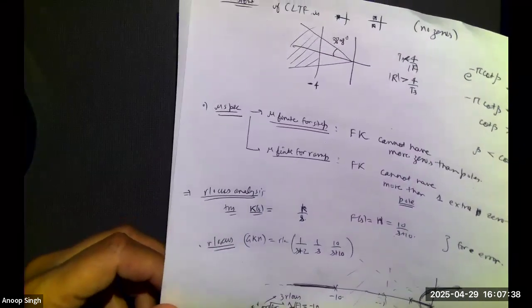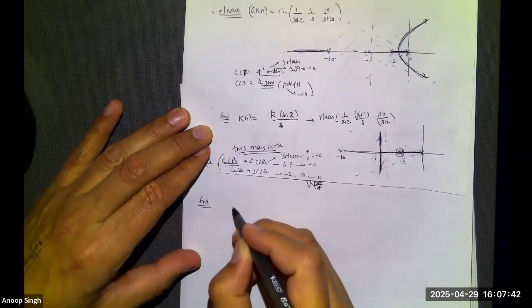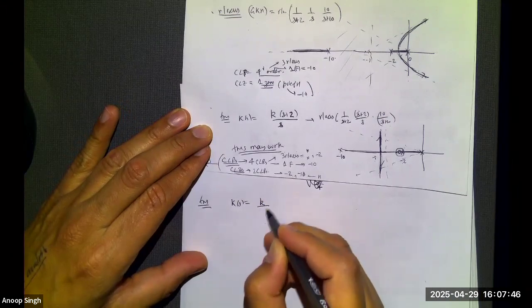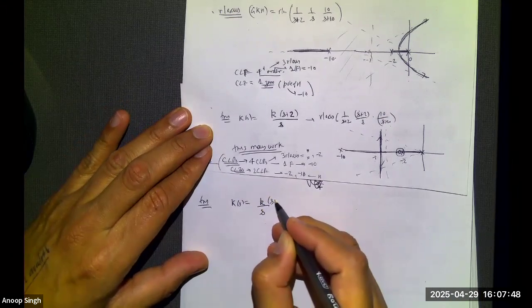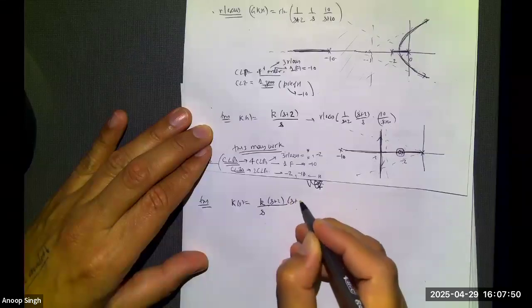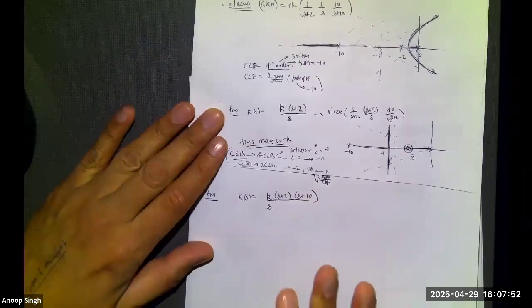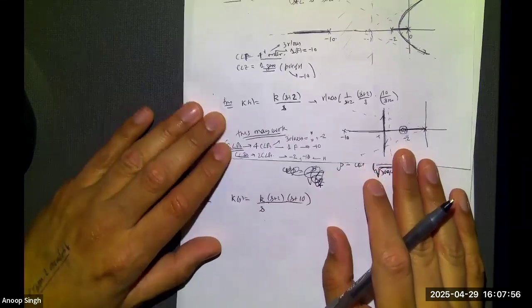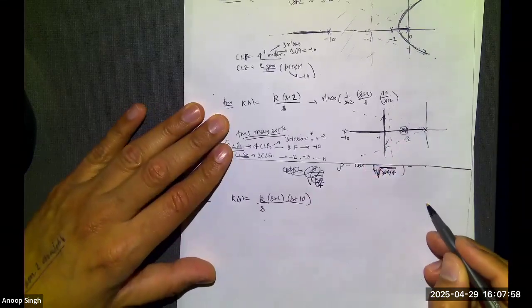Okay, so let's try this controller now. We'll try a controller which has a gain and integrator, with a 0 at s+2 and a 0 at s+10. Let's see what comes out of it.